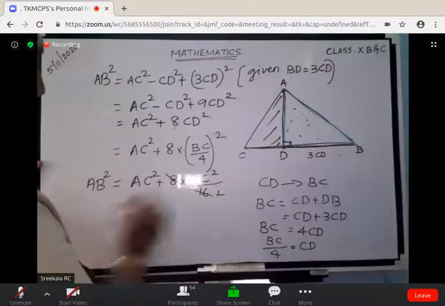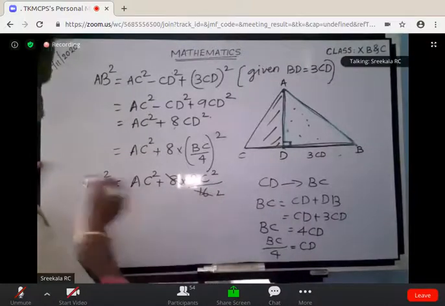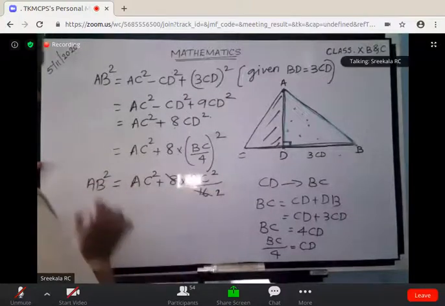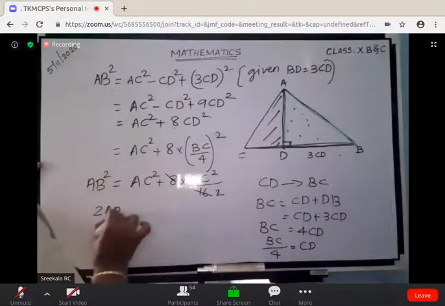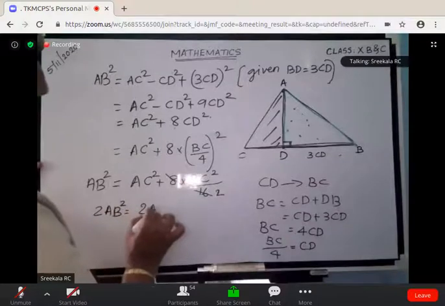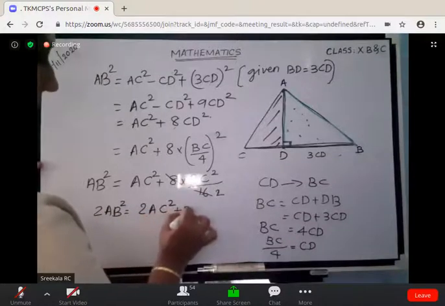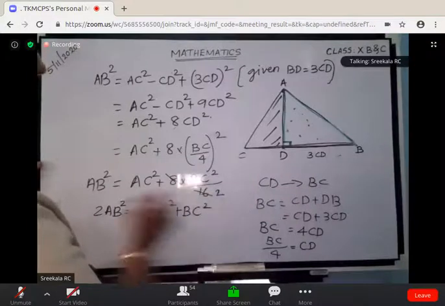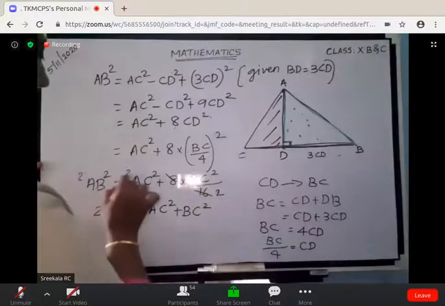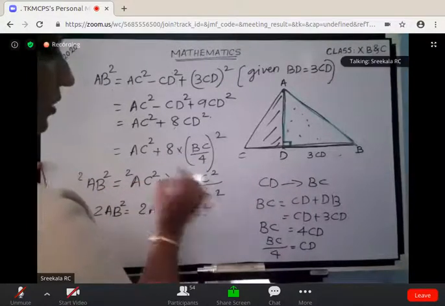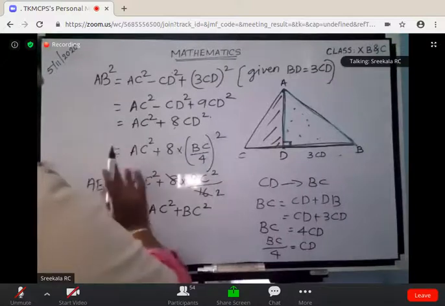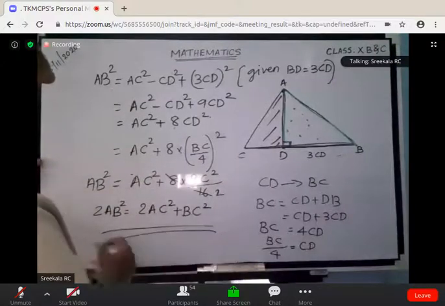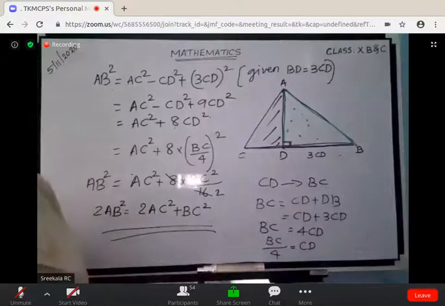Whole multiply by 2. Then we get 2AB square is equal to 2AC square plus BC square. This is the result.